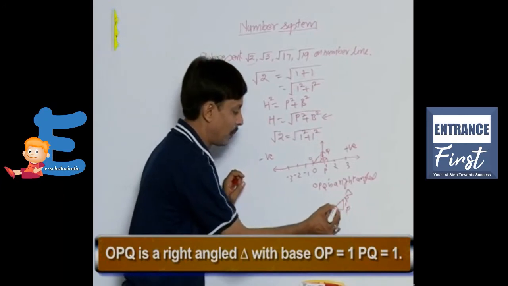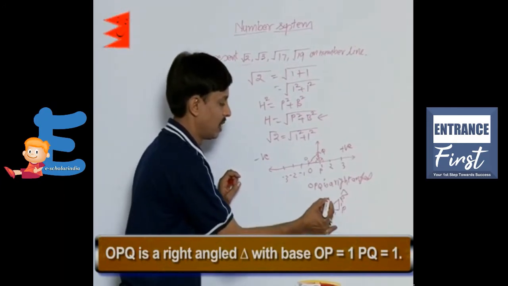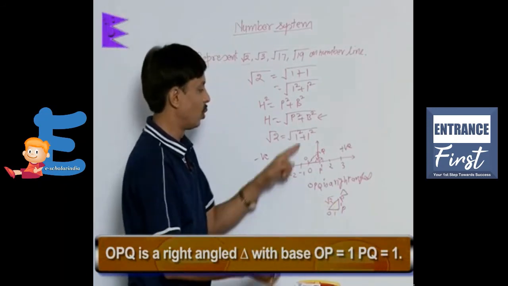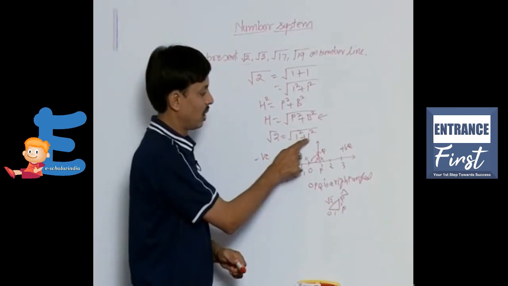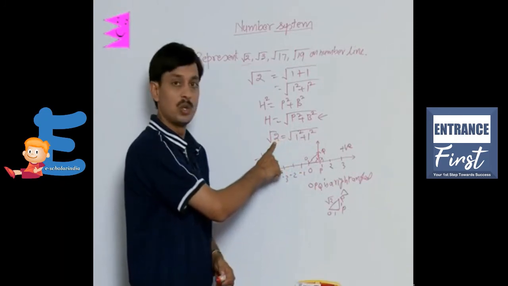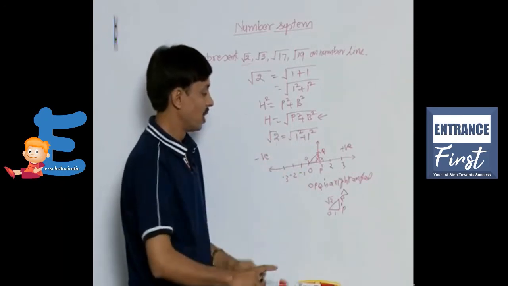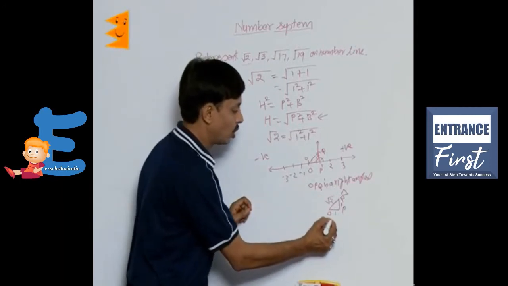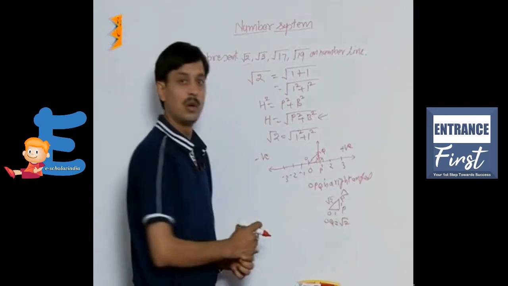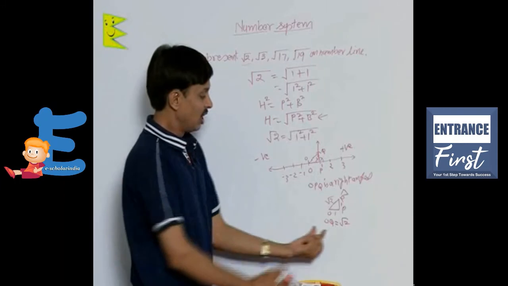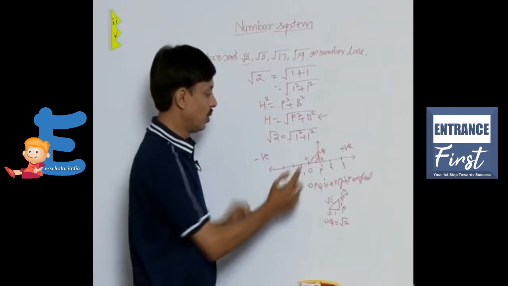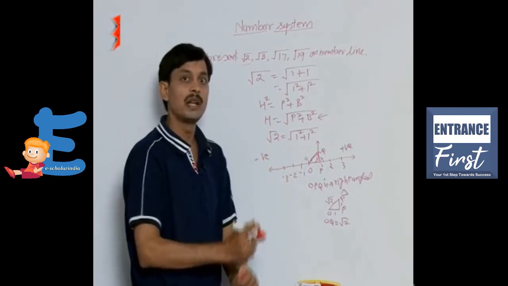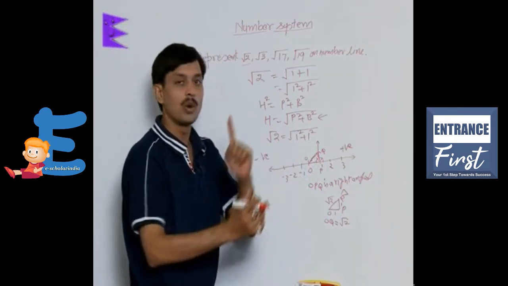With the help of the Pythagoras theorem, we can conclude its hypotenuse is root 2. Root of 1 square plus 1 square is equal to root of 2. So the conclusion is that OQ is root 2. But actually it is not on the number line.